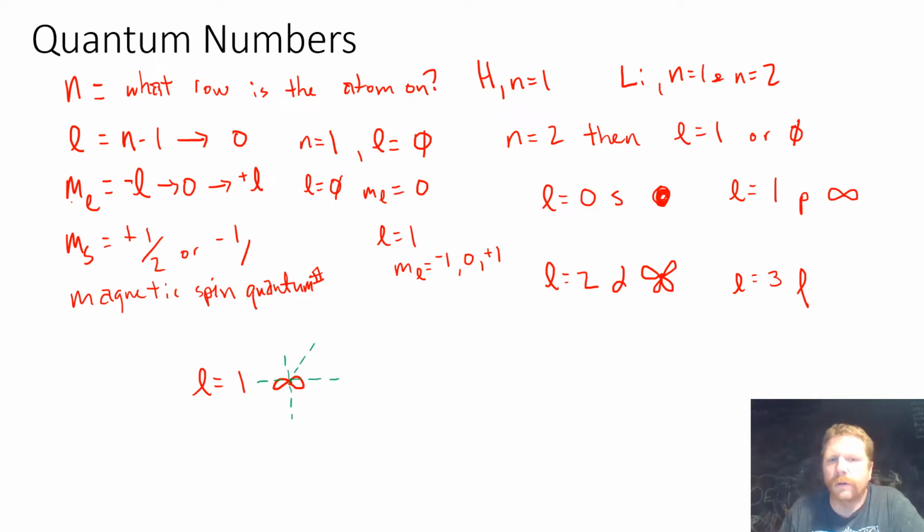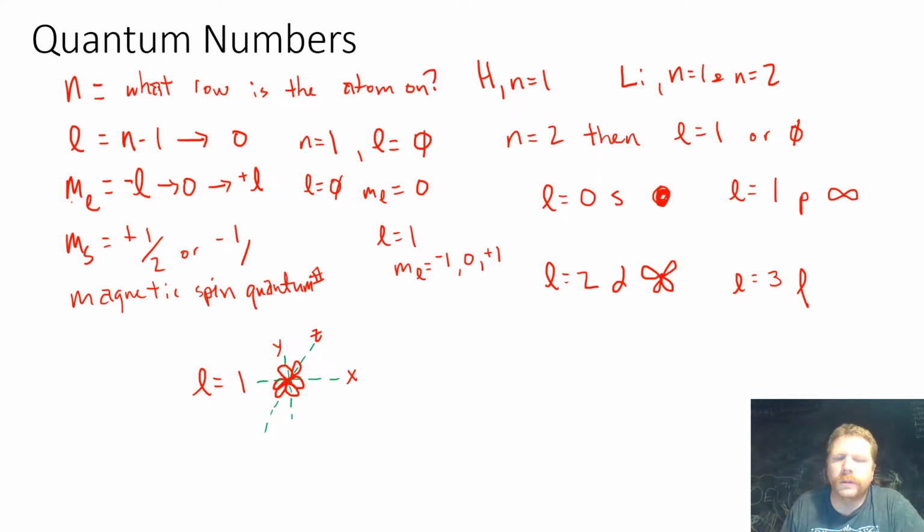We think about it with respect to our x, y, and z axes. Technically we can reposition this in 3 different ways. We can have our p orbital about our x-axis, our y-axis, or our z-axis. So we have three different positionings.